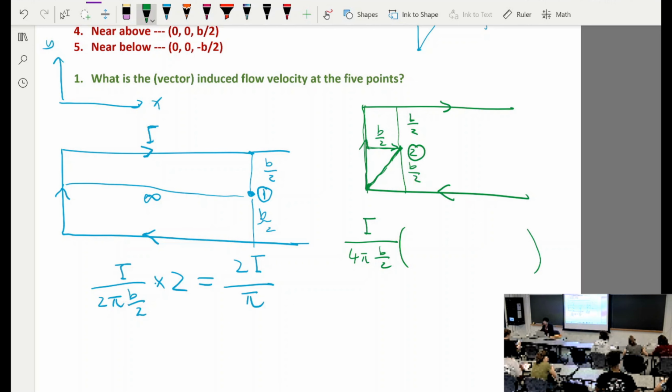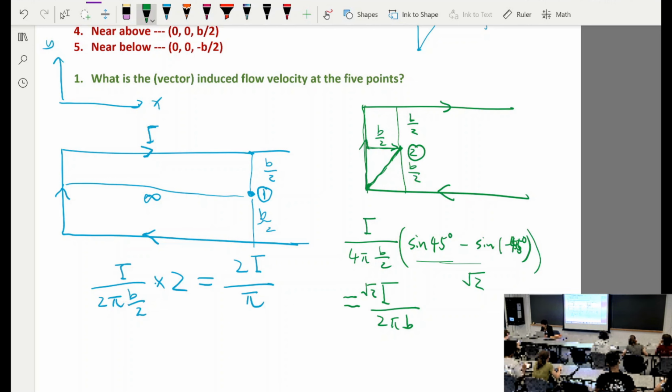So what we essentially get is a sine of 45 degrees minus sine of minus 45 degrees. And the result is going to be, of course, the difference is square root of 2. So what we get is gamma over 2 pi b times the square root of 2. So that's from the bound vortex. Okay, any questions?